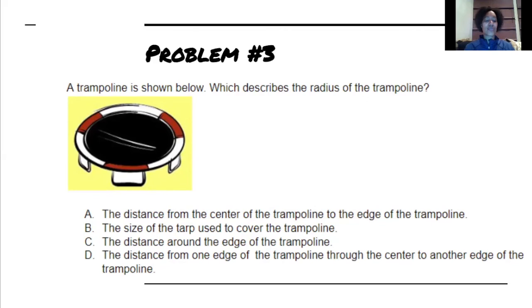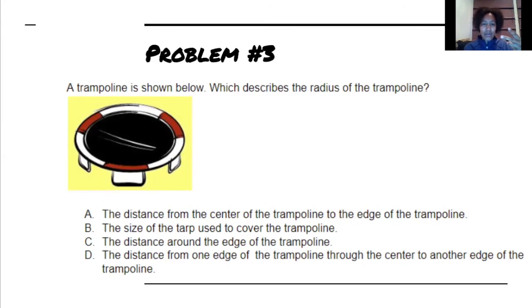The last answer choice, the distance from one edge of the trampoline through the center to another edge. That means it's touching in 2 points of the circle.